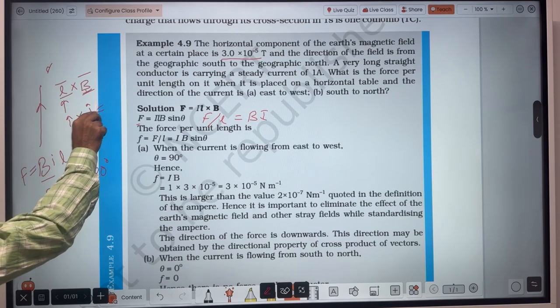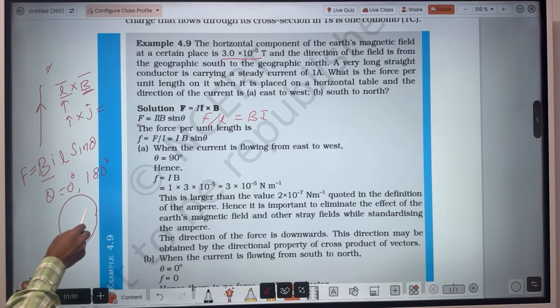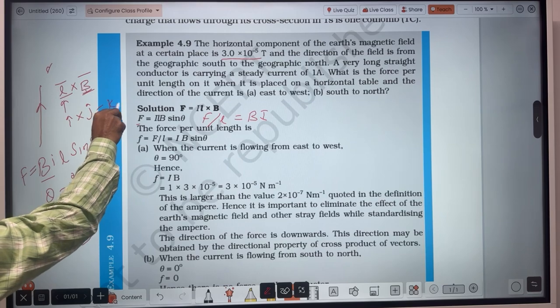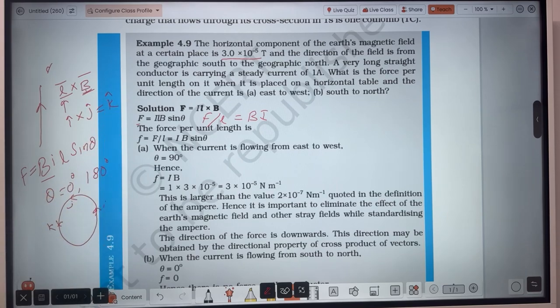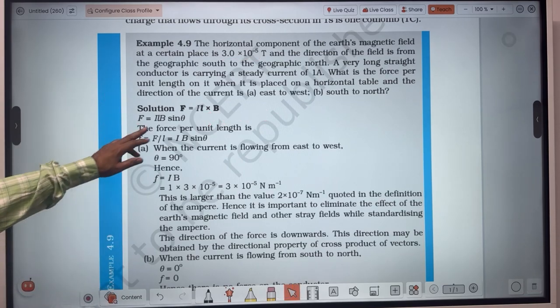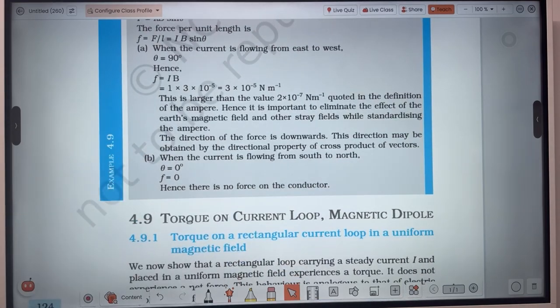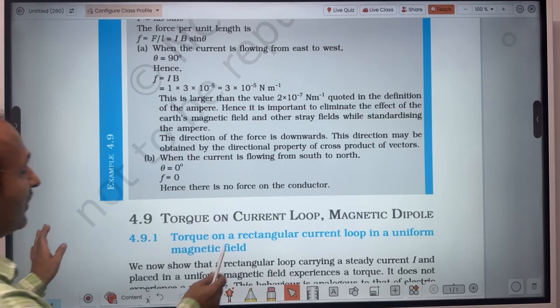So what will you get? I cross J. So this rule, if you remember, I, J, K: the cross product of the two, if you move in order, will be the third vector. So here K cap. That thing we are going to make use of. Now the second case, as I told you, if theta is 0 degree, in that case there won't be any force. You have understood the basic concept.